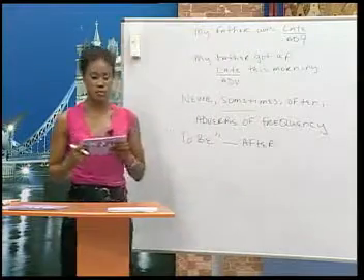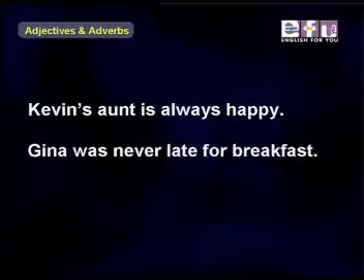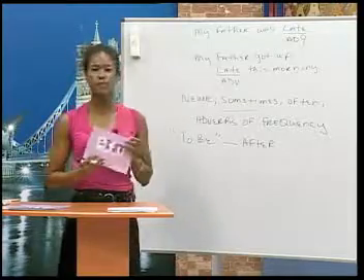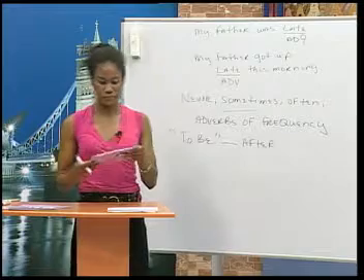Look at these examples. Kevin's aunt is always happy. Next, Gina was never late for breakfast. Okay, do you see how the frequency adverbs came after the verb to be?